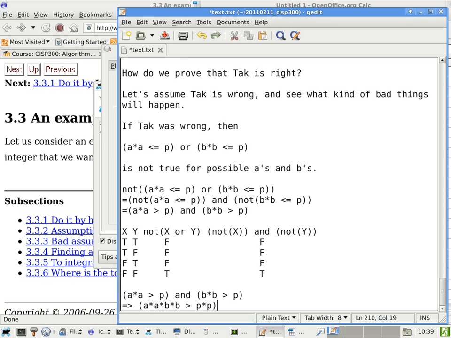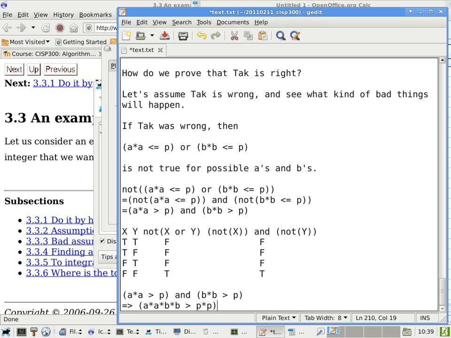Yes. It kind of follows, right? Because we know they're all positive numbers, so we don't have to deal with the sign being inverted and whatnot. This chunk is greater than P. This chunk is greater than P. So when I take the product of these two and the products of these two, the relationships should still hold up.